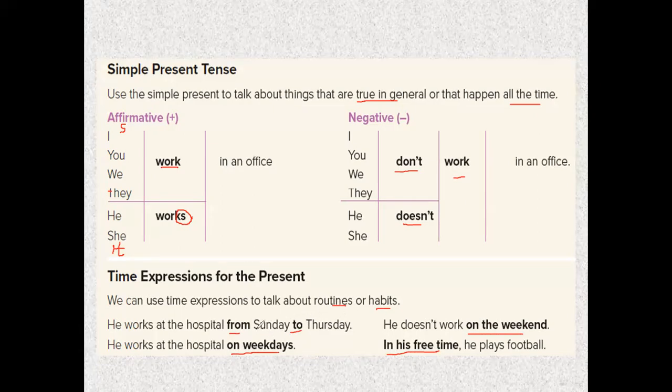Here there is a time expression, from to, so I use simple present and I add S because the subject here is he. He works at the hospital on weekdays. He doesn't work on the weekend. Here I use the negative form of the simple present, doesn't plus base form.